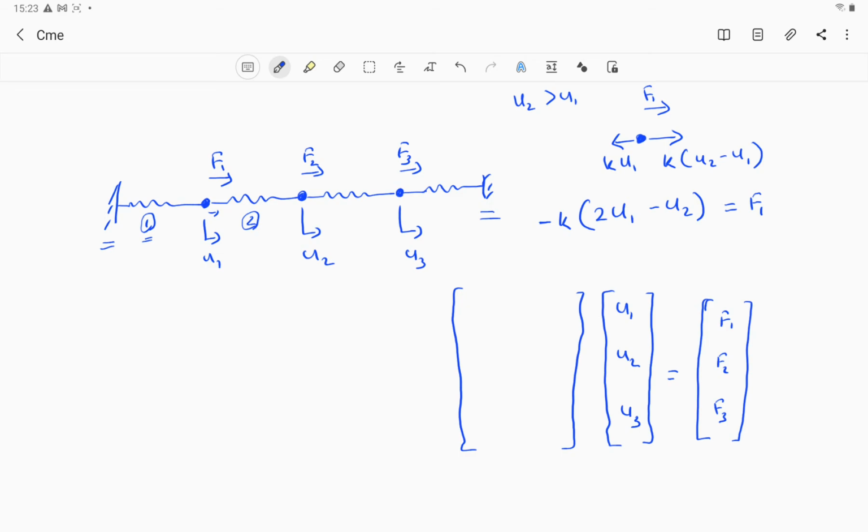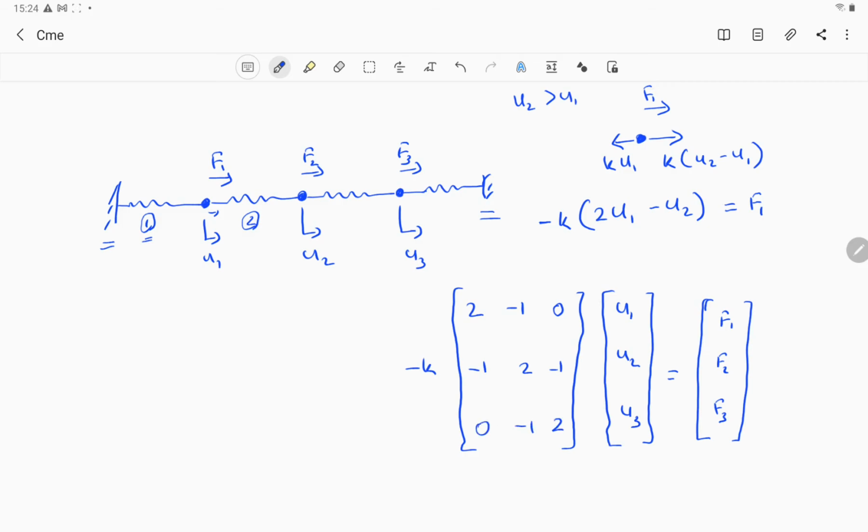If I know that, then I can fill the first row of this matrix. Taking minus K as common, I will have 2, minus 1 and 0. Similarly, if I apply the equilibrium equation at node 2, I will have minus 1, 2, minus 1, and similarly here 0, minus 1, 2.